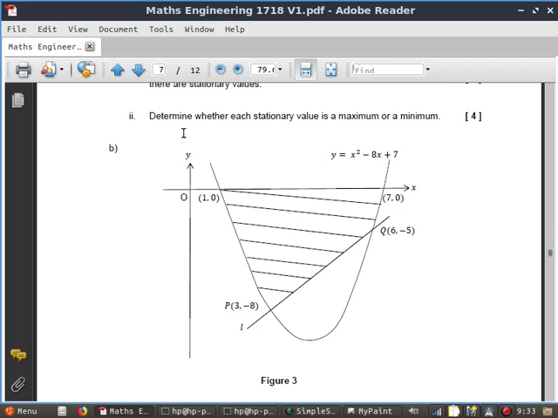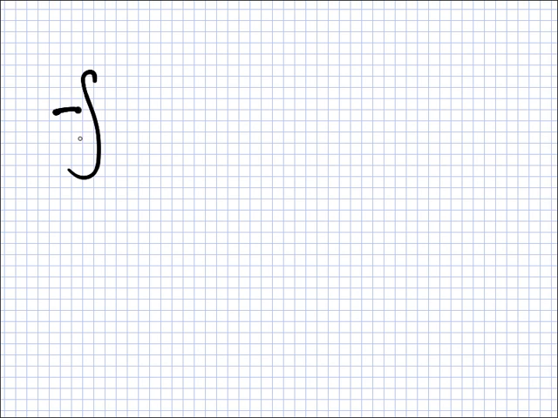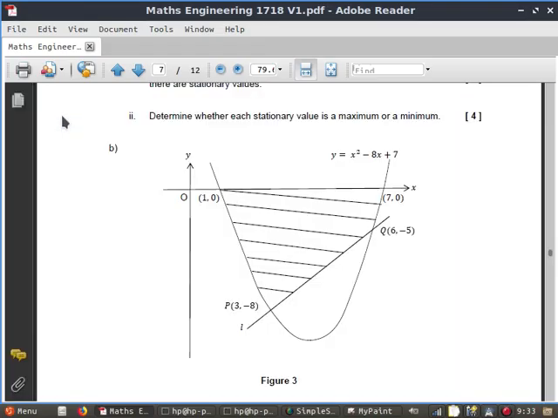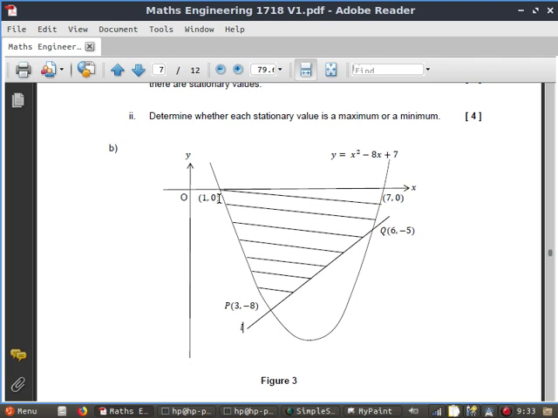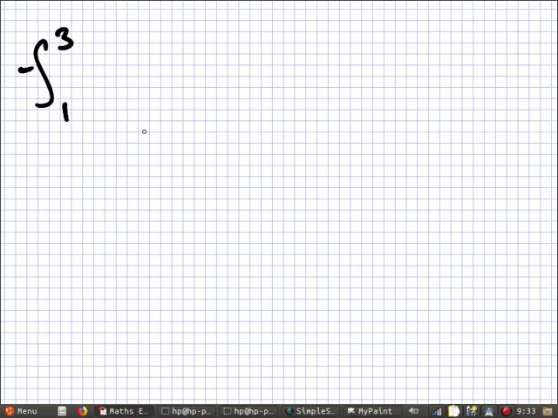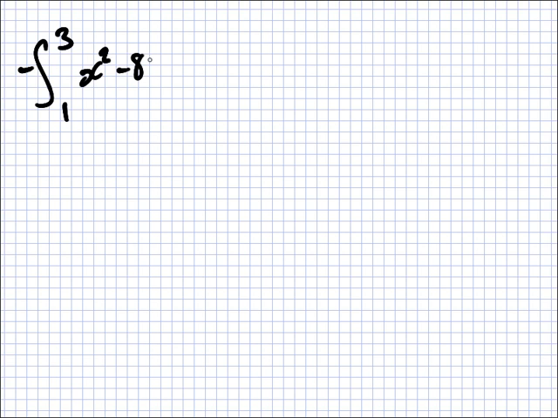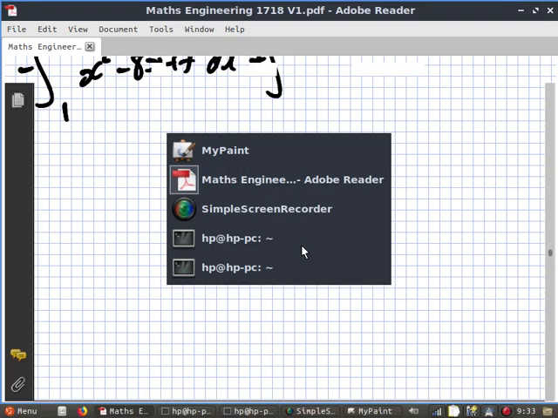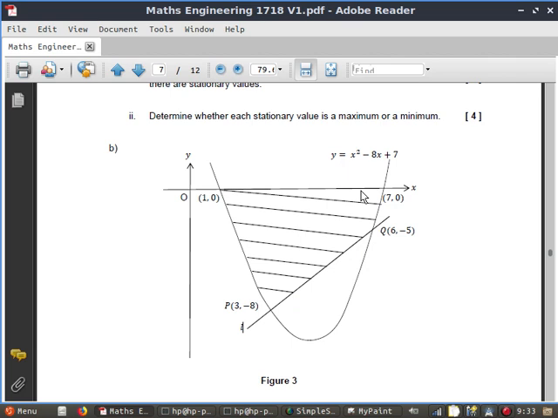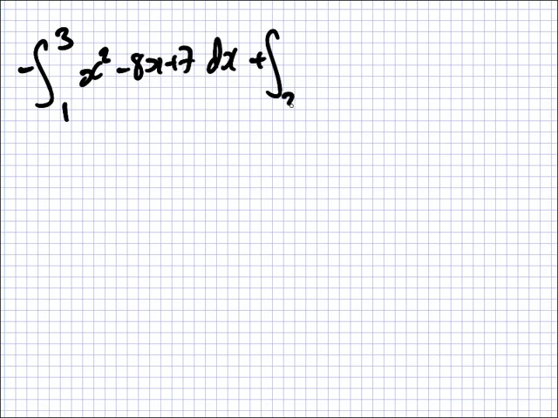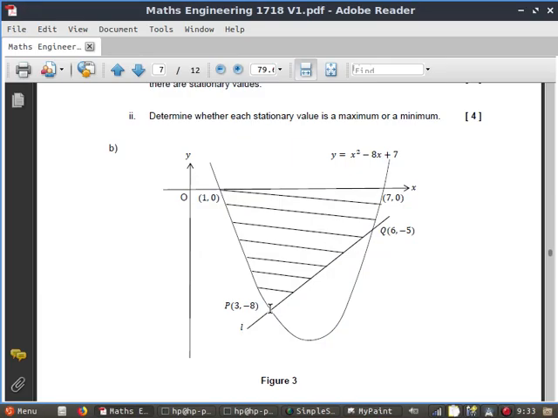Oh, I'm sorry, there's not 2 integrations, there's 3 integrations. I'll show you. So first you integrate minus 1 to 3, x squared minus 8x plus 7 dx. Then next you integrate from 3 to 6, this line.